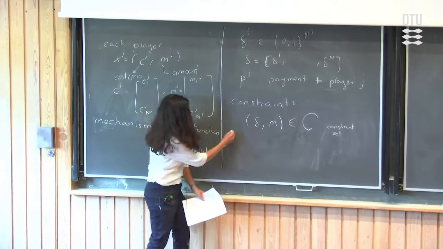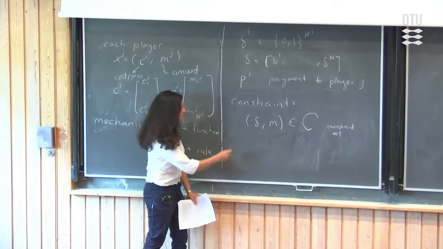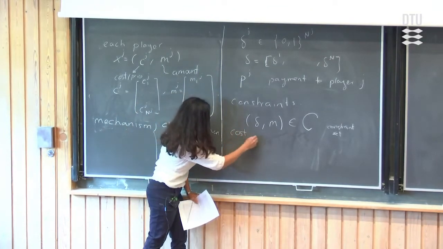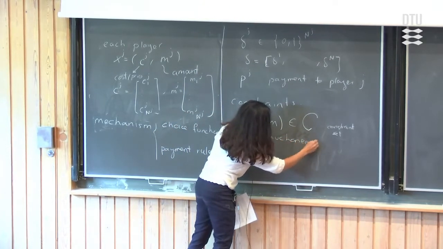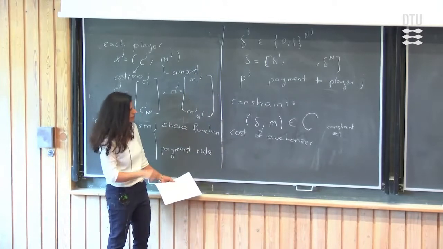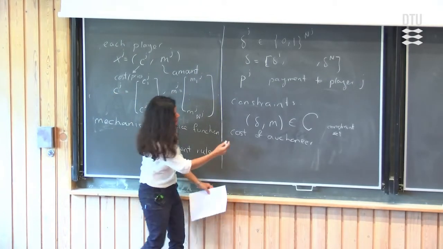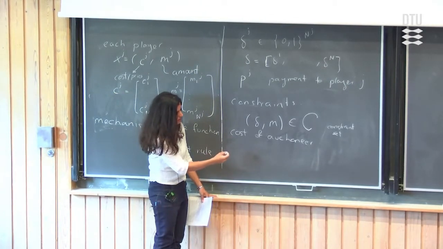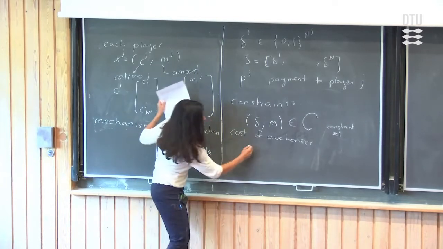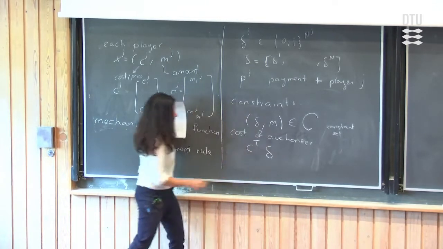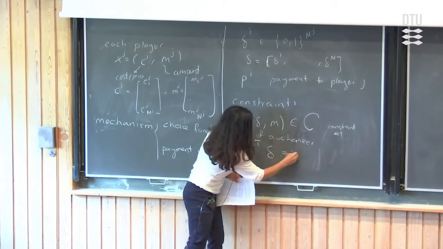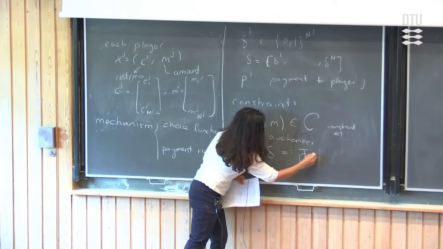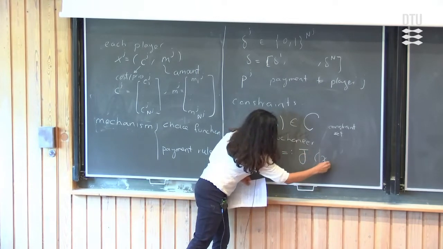And then there is the cost for the auctioneer. And I'm looking, by the way, at one-sided markets. You can generalize this to two-sided, but it's easier to start like this. It's going to be c transpose, the vector of prices, times delta, and let's write that as J(x). Is that clear?